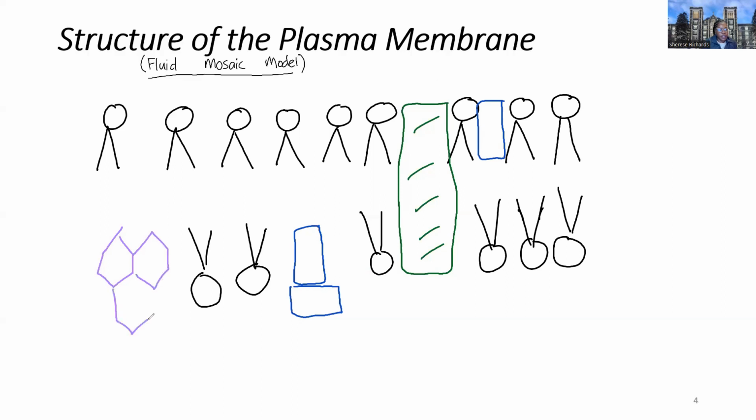These are another feature that we find in the membrane. And then lastly, I'm going to put some of our carbs that stick off of the outer surface up here. And we'll go back and describe what these things are.